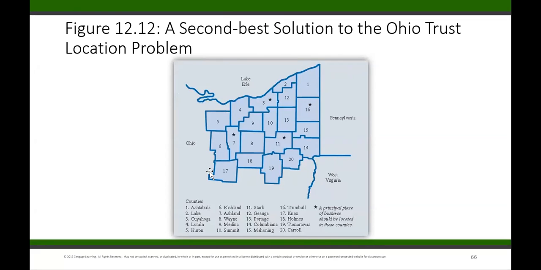We solved this problem. We found that they can do it with a minimum of 3 locations. Now, we're going to try and see if we can find an alternative optimal solution.